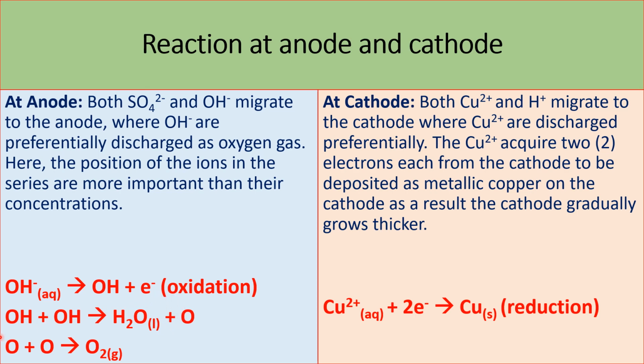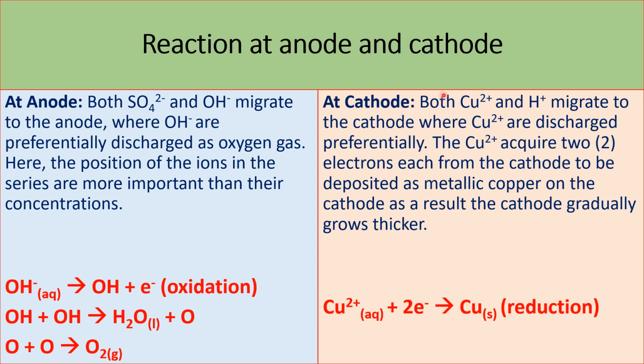Therefore, two neutral oxygen atoms will pair up to form oxygen gas. So in the electrolysis of copper(II) tetraoxosulfate(VI) using platinum or carbon electrodes, hydroxide ion is discharged at the anode, and water and oxygen gas are the products formed.